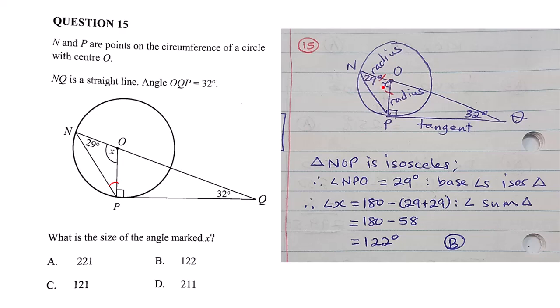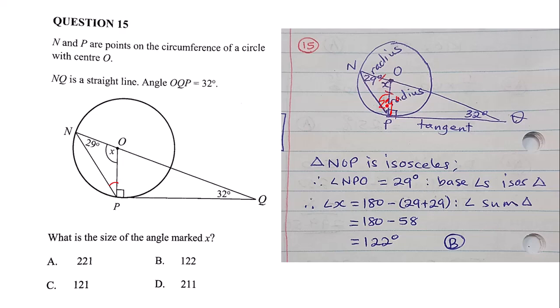So they are equal, making triangle NOP an isosceles triangle. And in the properties of an isosceles triangle, base angles, which are these two angles, are equal. Therefore, angle NPO, this angle right here, is 29 degrees.